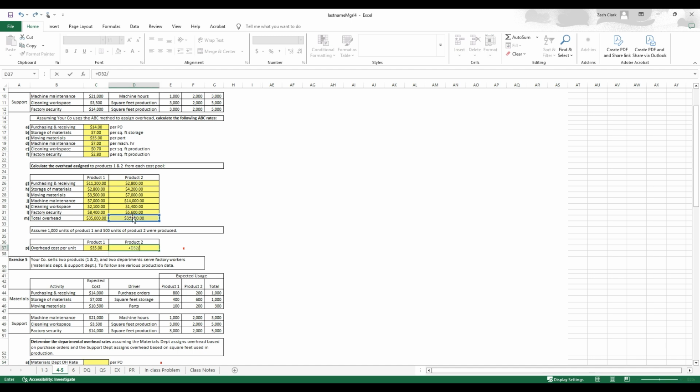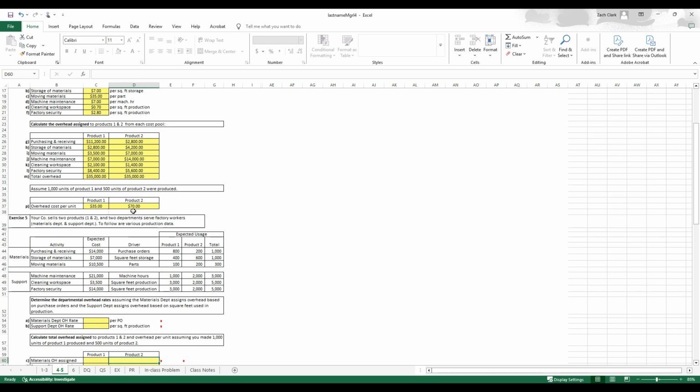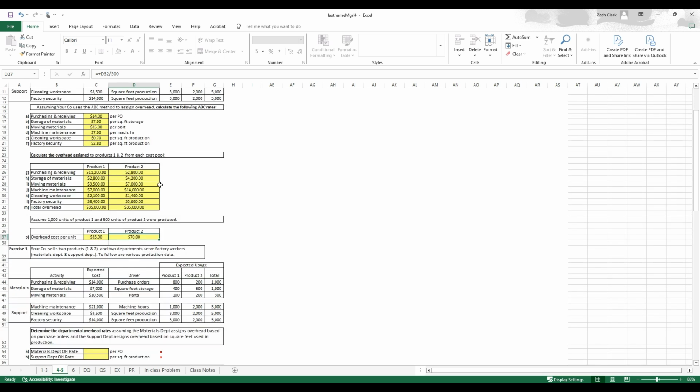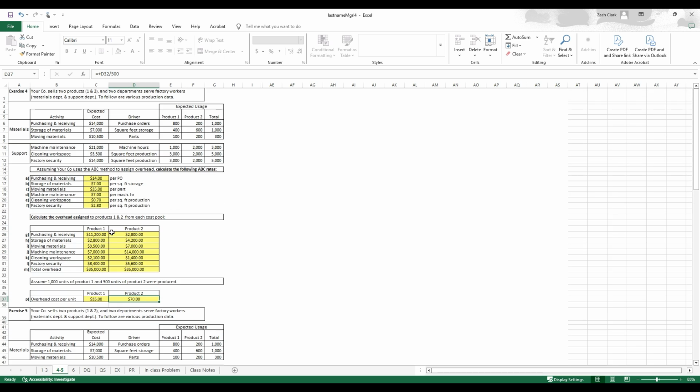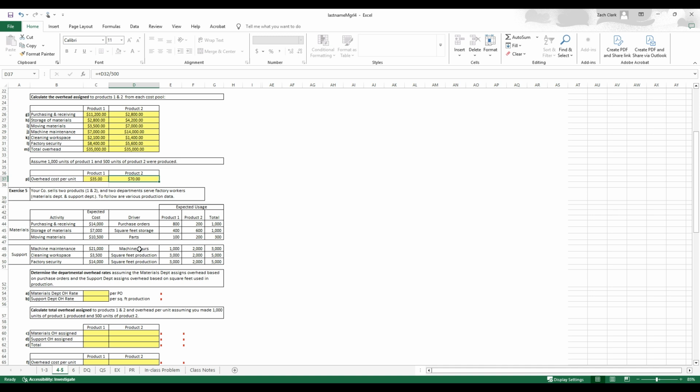So again, total cost divided by the expected production, and then we can see for each unit that we produce, we're going to apply these amounts of overhead using all the various activity pools and the drivers and specific activities related to each product.